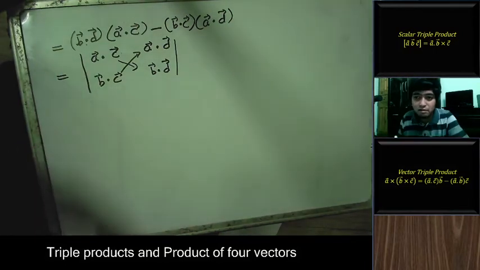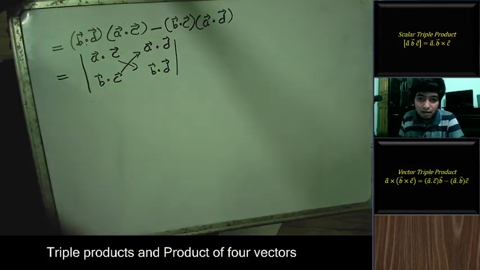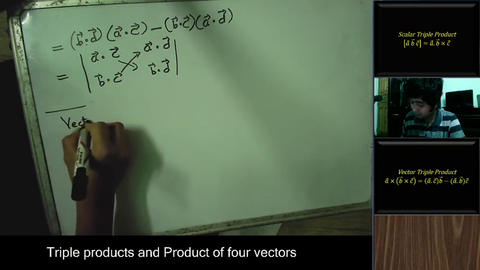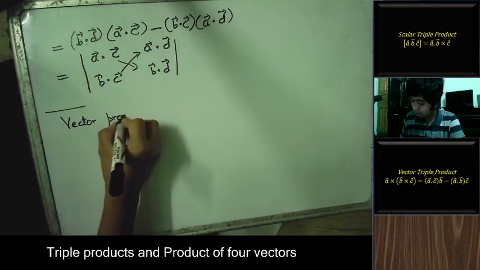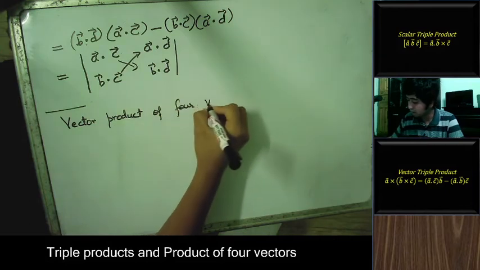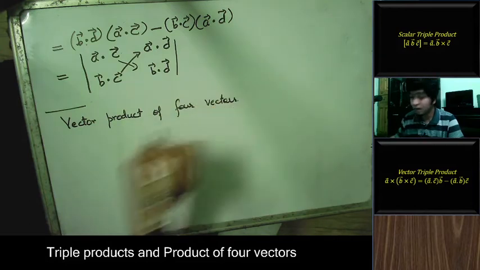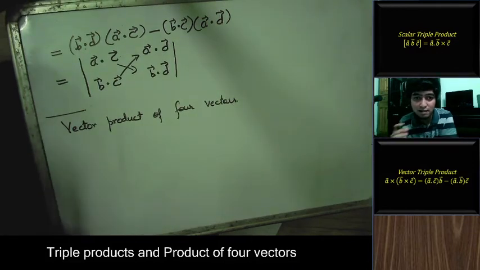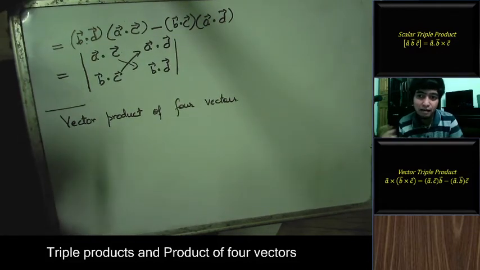Now we come to the last topic for today, which is the vector product of four vectors. As you can see, for the scalar product of four vectors we have a formula by using Lagrange's identity.